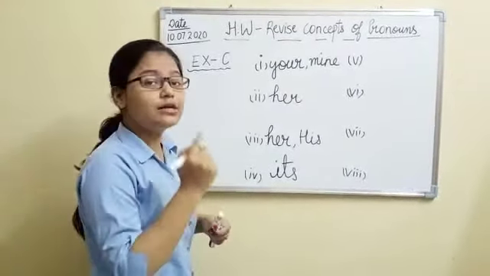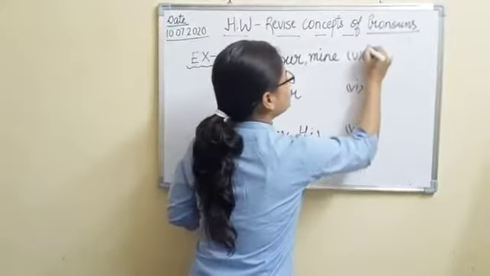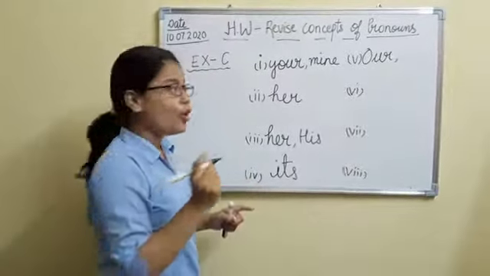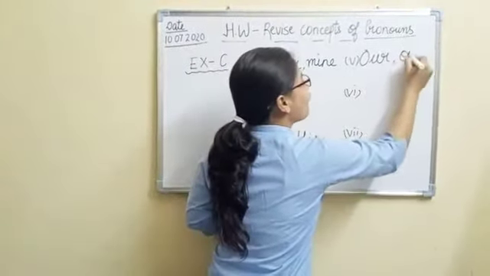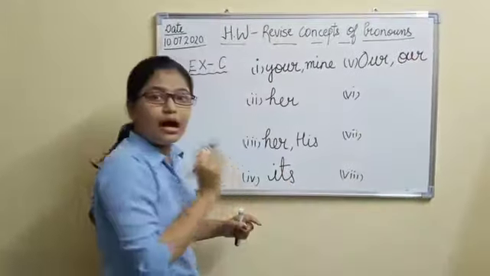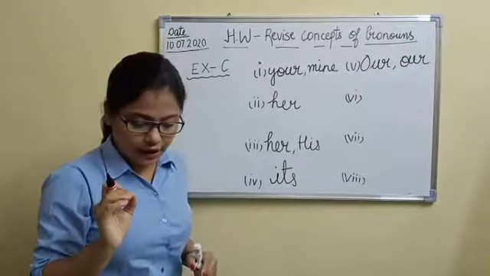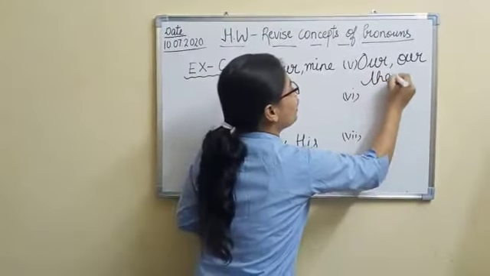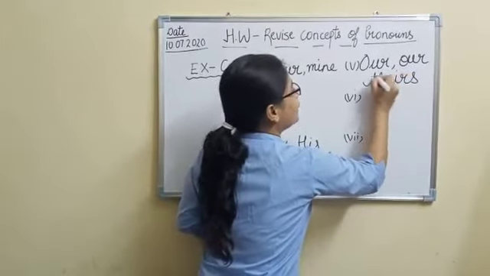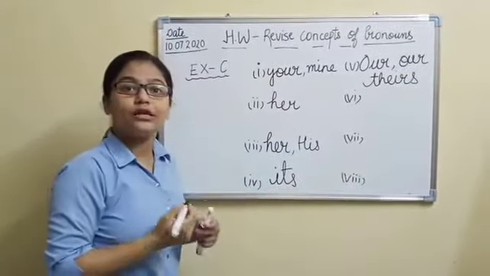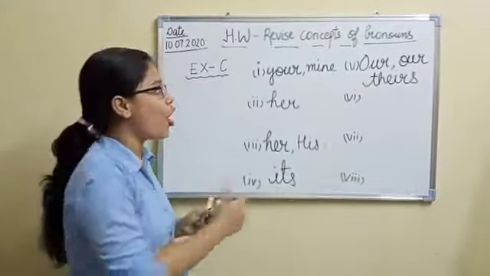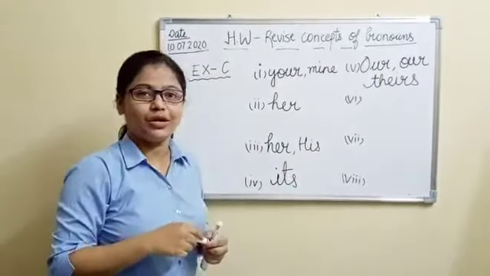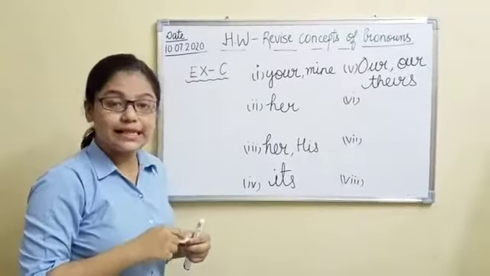Our neighbors borrow our vacuum cleaner when theirs is not working. Right? So, here all these are showing what? Possession. Okay?